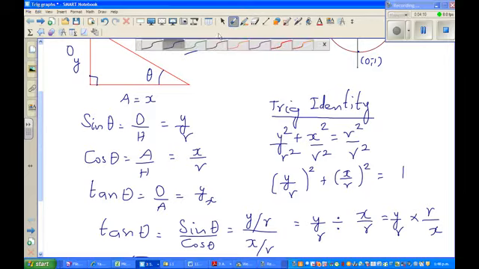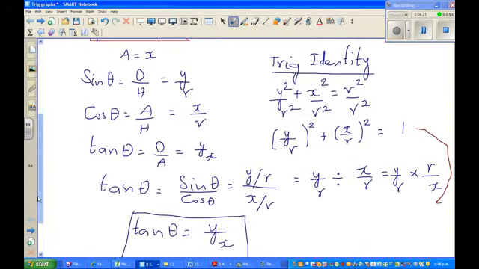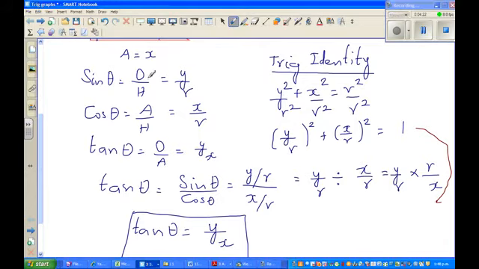So this becomes sine theta squared plus cosine theta squared is equal to 1.